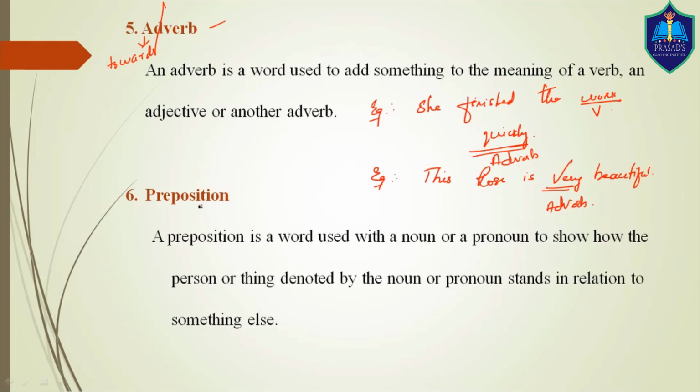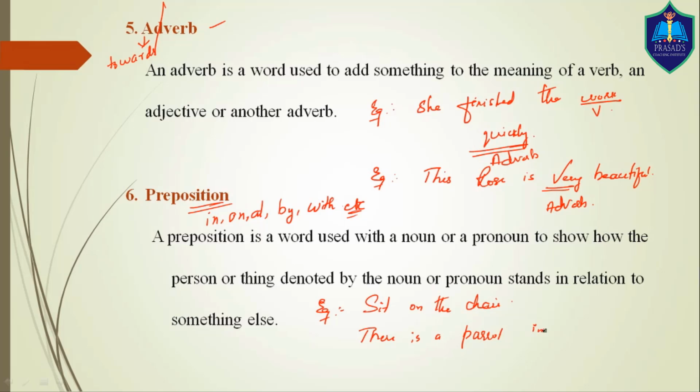Moving towards the next one, what is the meaning of the word preposition? Preposition is used with a noun or pronoun to show the relation or to show the state of something. For example, in, on, at, by, with, and many more are examples of preposition. Let me take one example to explain this. Sit on the chair, or there is a parrot in the garden.